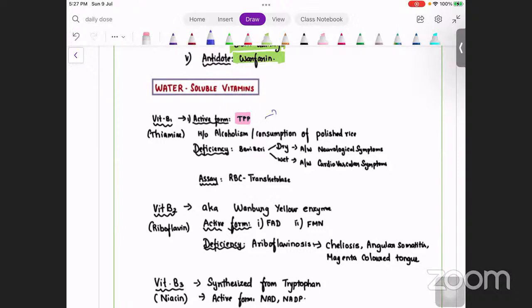The PDH complex, the alpha ketoglutarate dehydrogenase complex, and the branched chain keto acid dehydrogenase complex. All of them require thiamine pyrophosphate as a cofactor.